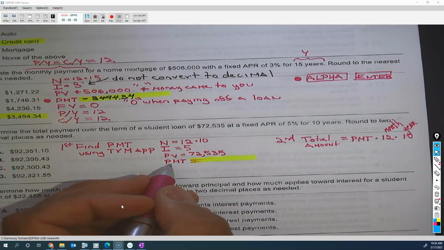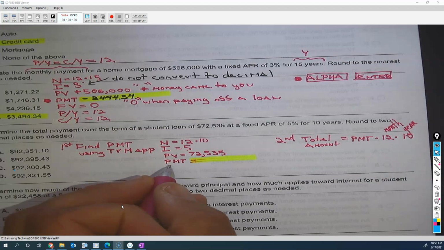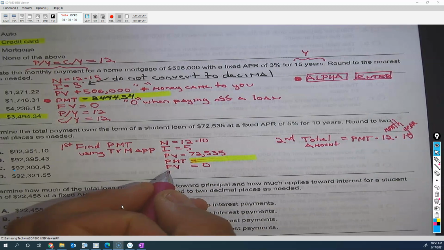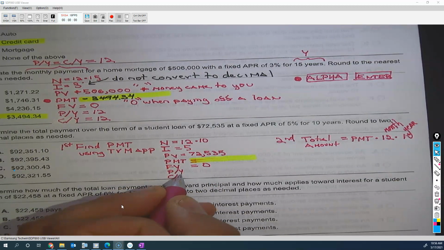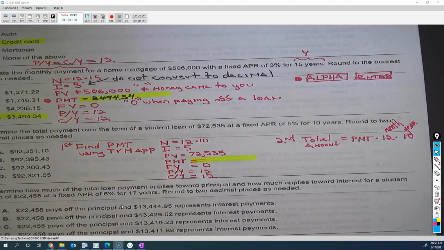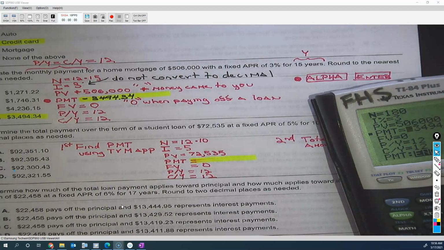Payment, future value, 0 because we want to pay it off. PY, CY, 12. Okay. Five. Alpha. Enter.